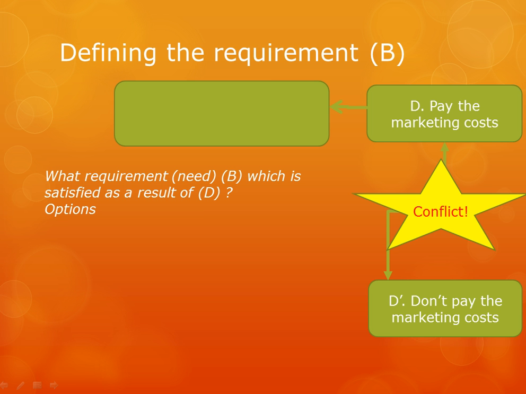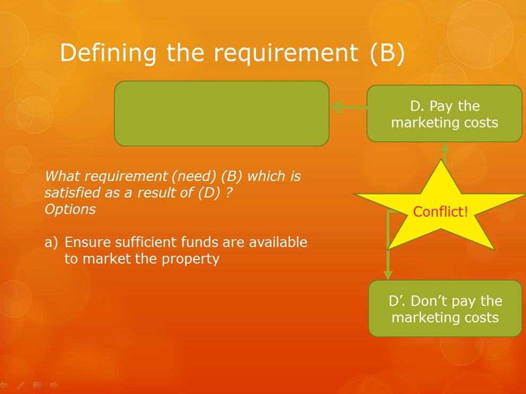It gets more complicated when we start to define the requirements. You can see here we're going to define the top requirement, which is item B, and what we're trying to get is what requirement or need is satisfied as a result of D. So the options that I came up with when putting this together as an example was that B could be ensure sufficient funds are available to market the property.